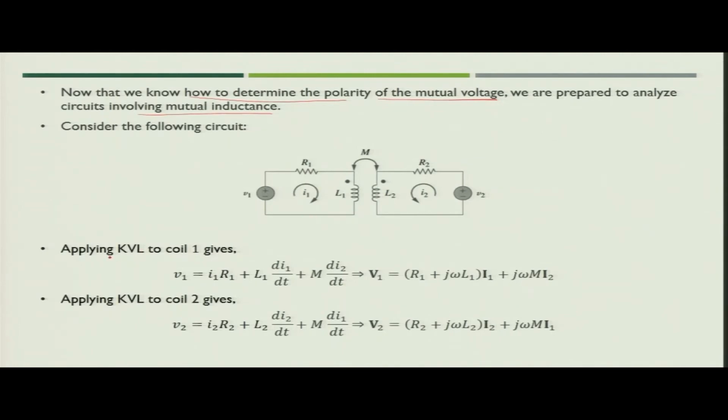So, we can use Kirchhoff's voltage law to write the equations for both of the meshes. Let us say that the current I1 in this mesh is in this direction, I2 is in this direction. For coil 1, V1 is nothing but I1 R1 plus L1 dI1/dt because of the coil 1 self inductance, then plus M dI2/dt.